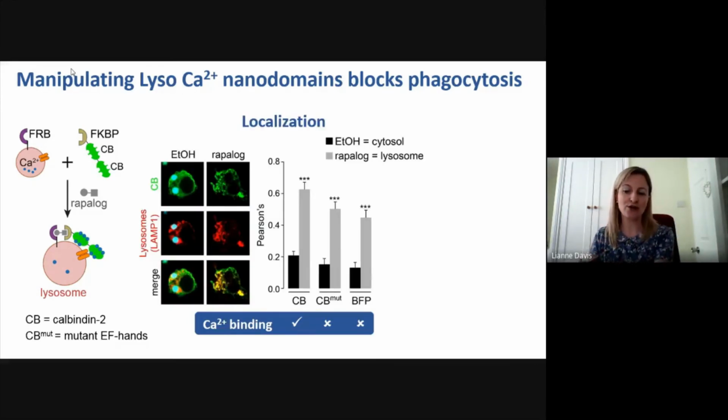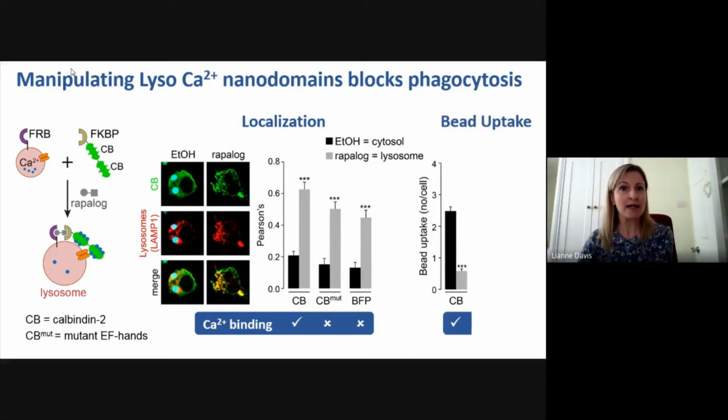So the graph shows the Pearson's correlation coefficient between the different constructs and lysosomes. For all constructs, addition of rapalog brings the proteins to the lysosomes, as indicated by the increased coefficient compared to the ethanol controls. And this is also reflected in the yellow overlap between the protein and the lysosomes in the images.